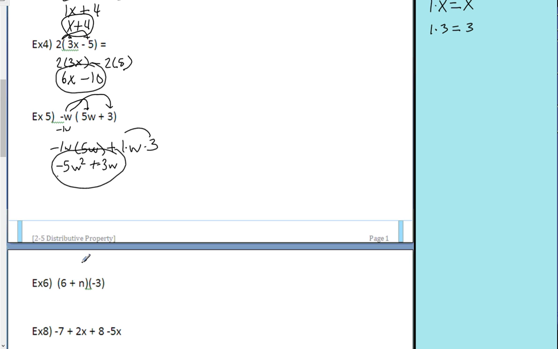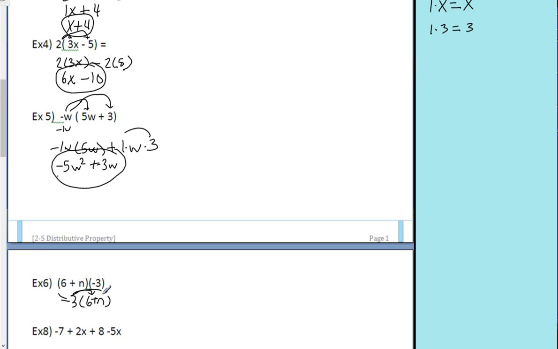Okay? So let's look at our next example. 6 plus n times negative 3. Well, you're like, oh, I don't like that. My number's behind it. Well, think about the commutative property. A times B is the same as B times A. So I can rewrite this with a negative 3 in the front. And now it's just an easy problem, right?